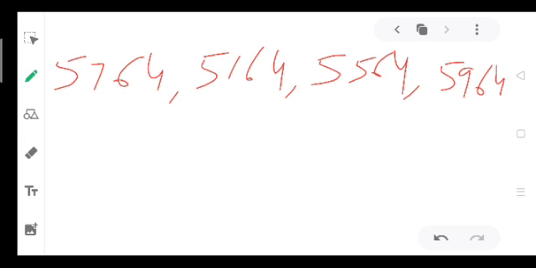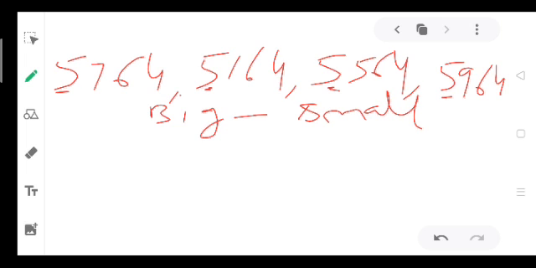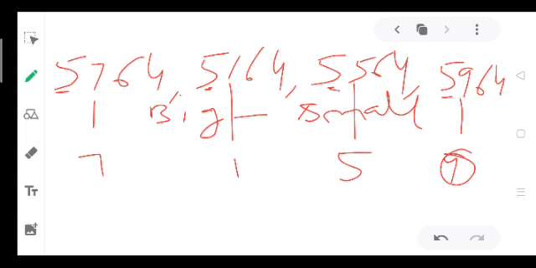Check their descending order, big to small. Firstly check their thousands. All thousands same. Now we will check their hundreds, 700, 100, 500, 900. Which is biggest? 900. So the biggest number is 5964.